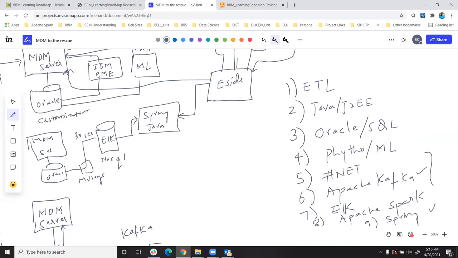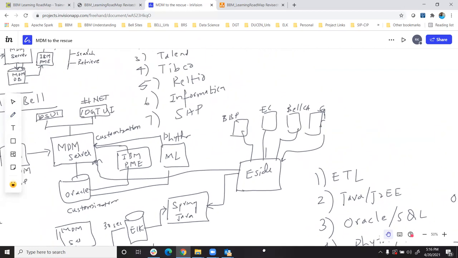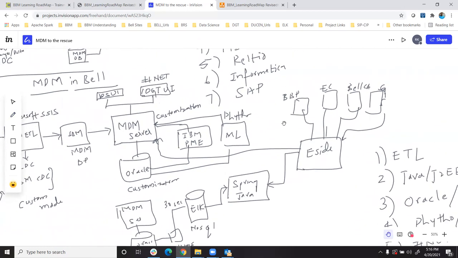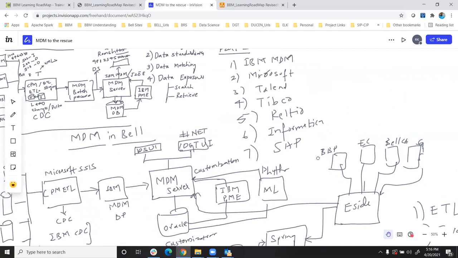These are actually on cloud, so we are using OpenShift. So these are the technologies. You will be part of these technology teams, and then you'll get to know.